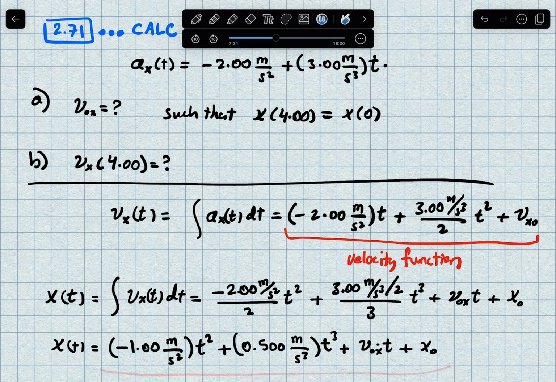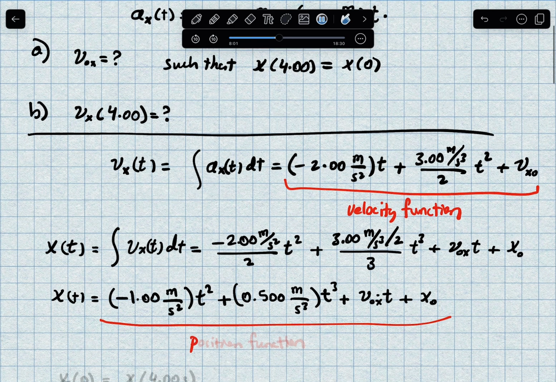So, where were we? We were trying to find the initial velocity for which x will have the same value at times 0 and 4 seconds. So let's actually make an equation. Let me first label this equation as the position function.